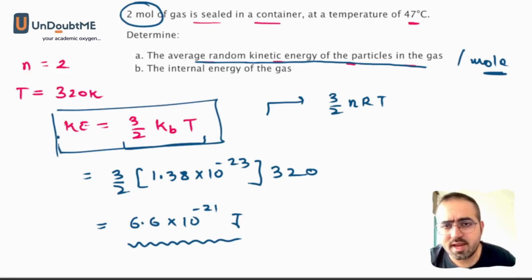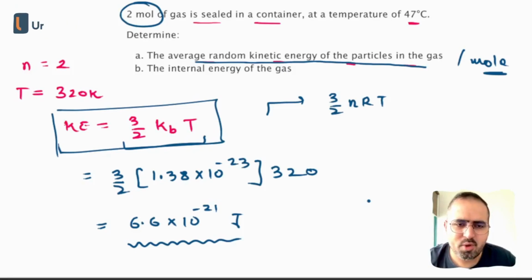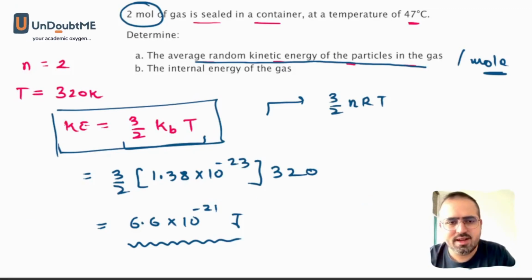Now we are moving on to the second part of this question, where we need to find the internal energy of the gas. The point to understand here is that when they say internal energy, this is the internal energy of the whole gas. What is the difference between it and the average kinetic energy of a particle of the gas? When we are taking average kinetic energy, we do not consider the number of moles.